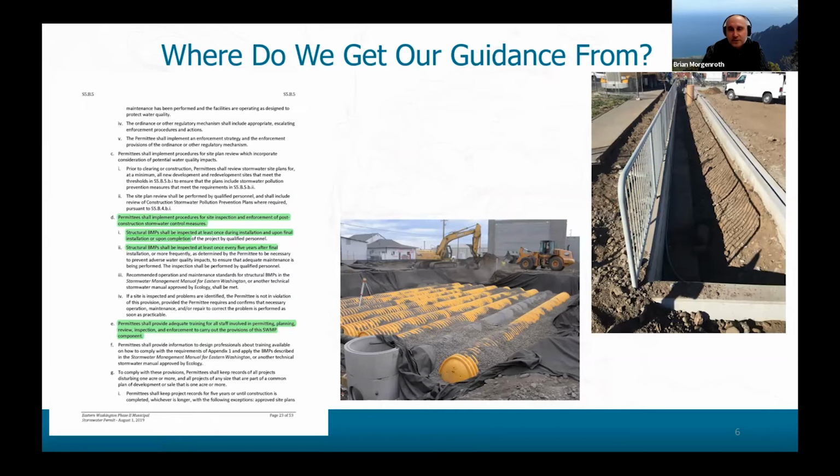Because it says in this next statement that you're supposed to go out and inspect at least once during the installation and once upon final installation, once it's been completed. Okay, so there are your 2 inspections there. There's 3 if you count the one in the very beginning for each of the sites.